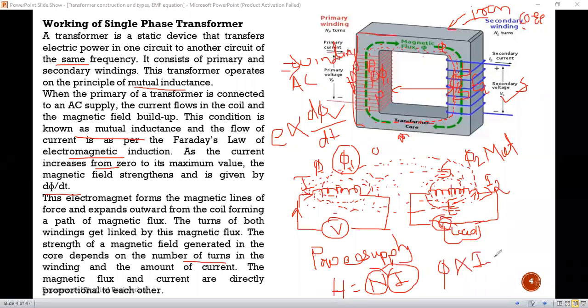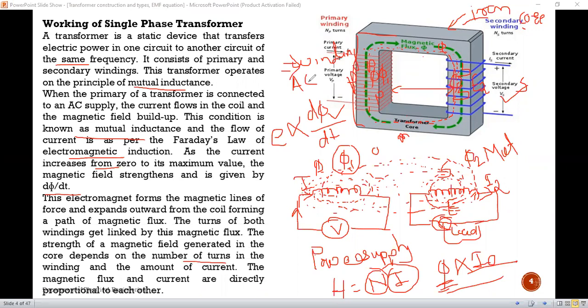That means if the current flowing through it increases, automatically the flux will increase. If the current decreases, the flux will decrease, because there is direct proportion between phi and I. The current is directly proportional to the flux phi.